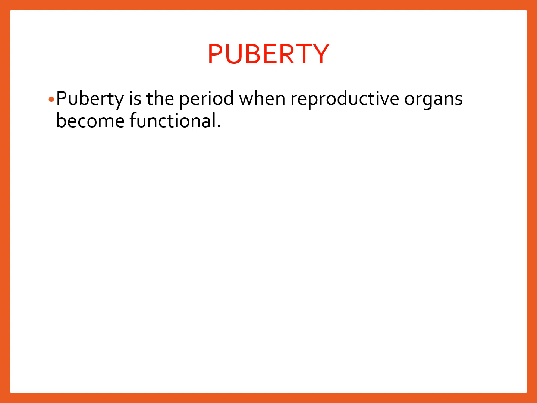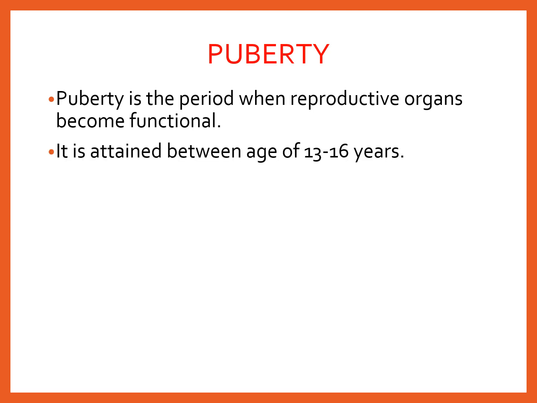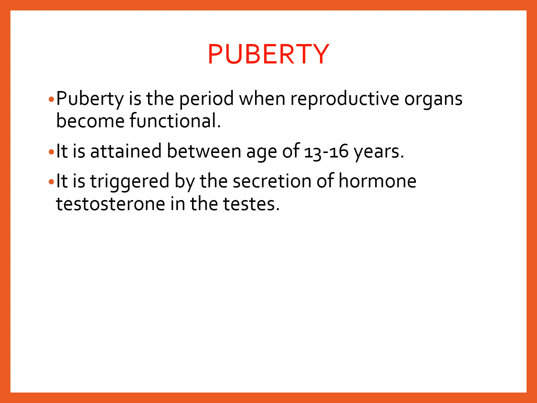When does spermatogenesis occur? It occurs after puberty. Puberty is a period when the reproductive organs become functional. It is attained at the age of 13 to 16 years.